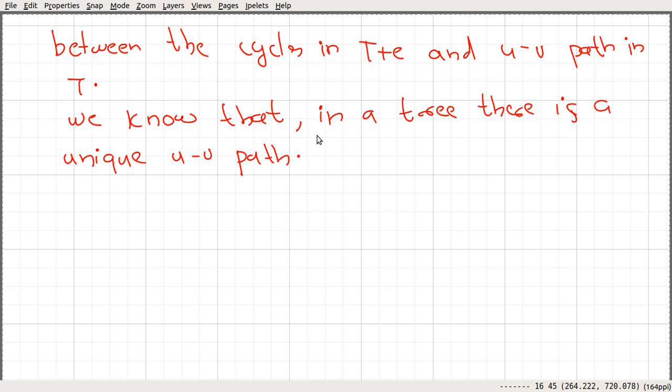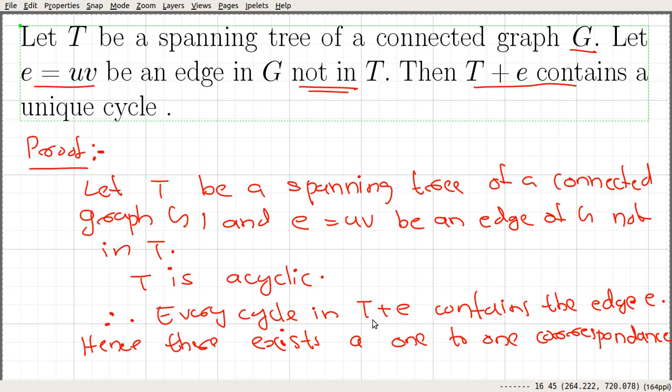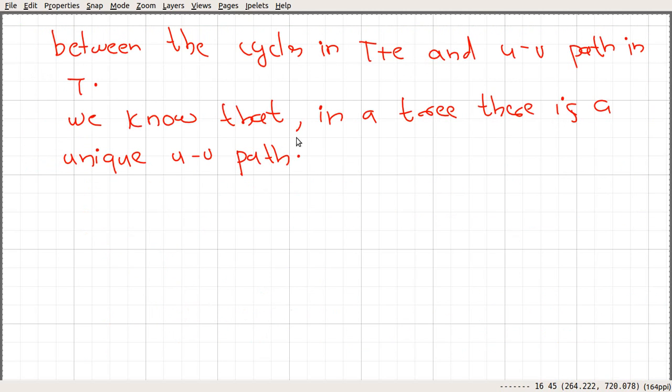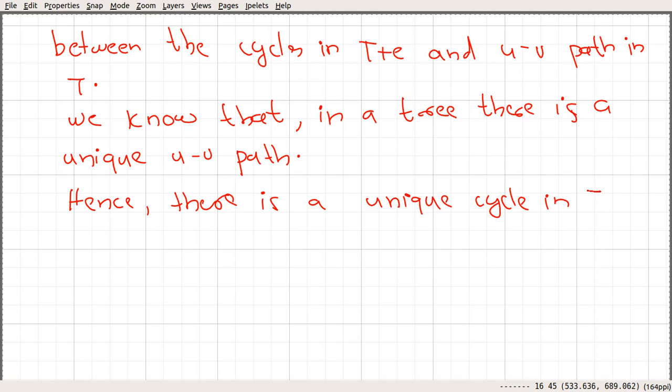Since every cycle in T plus E corresponds one-to-one with this UV path, and since the path is unique, that says the cycle is also going to be unique. So hence there is a unique cycle in T plus E. Okay, and that's a proof.